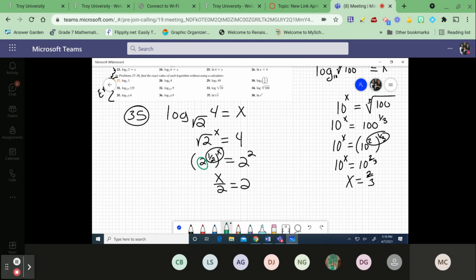Since my bases are the same, I can set my exponents equal to each other, times that 2, and x is equal to 4.